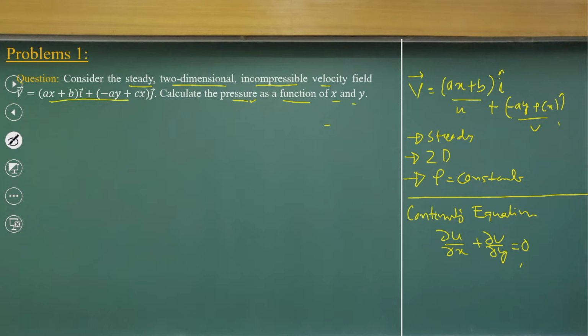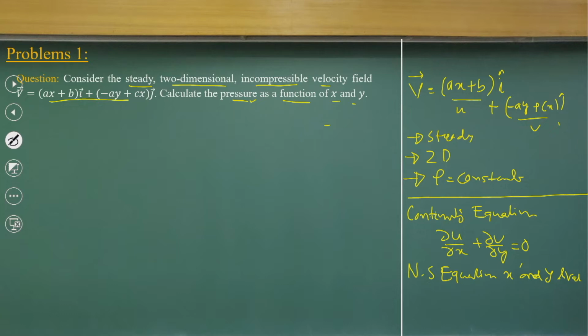Then we have the Navier-Stokes equations, the linear momentum equations, in the x and y directions. We do not need z because it is a two dimensional flow field. So these are three equations we will use.